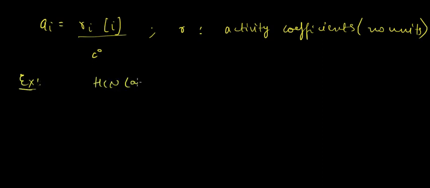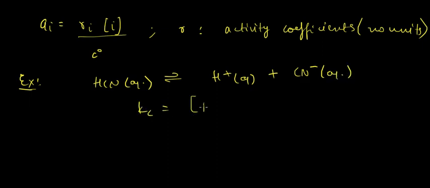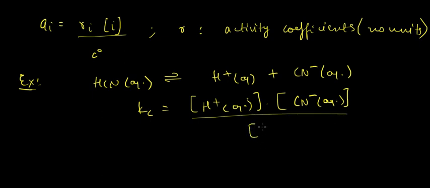So we have HCN aqueous getting formed into H plus and CN minus aqueous at equilibrium. So Kc would be nothing but H plus aqueous multiplied with CN minus aqueous divided by HCN aqueous. So the unit would be mole per liter.